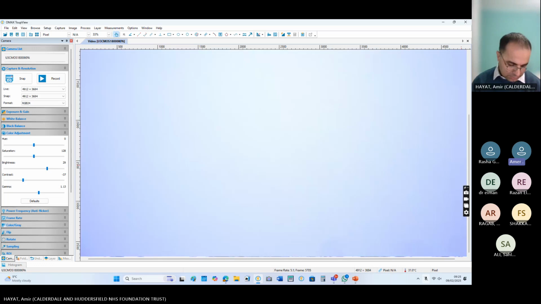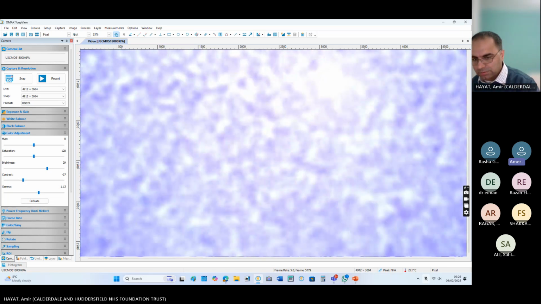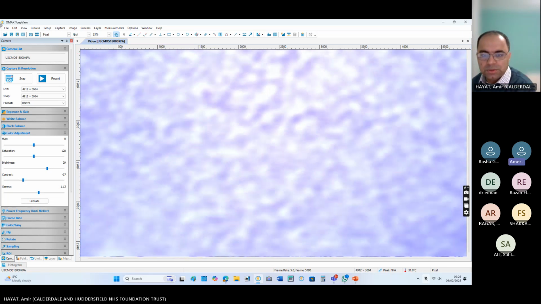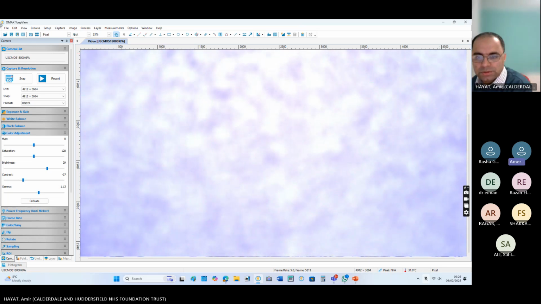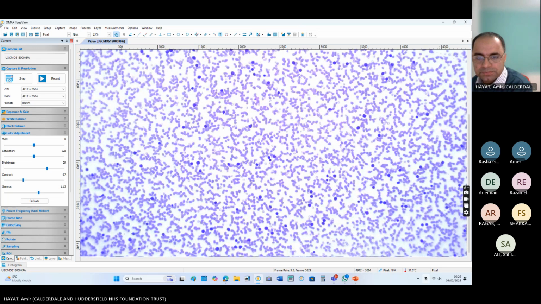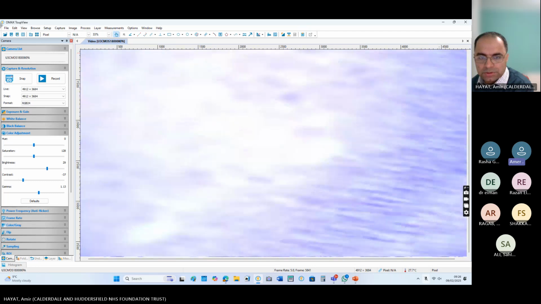The next case is a 19-year-old female who was referred to us because of progressive anemia and tiredness. This is power 10. Let's put the 10 time.